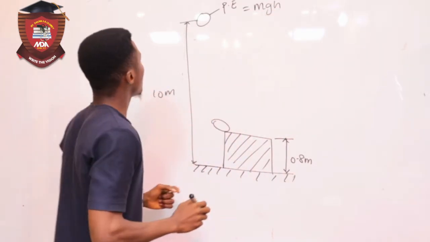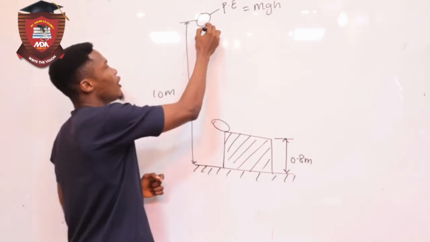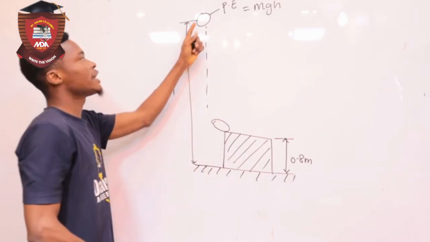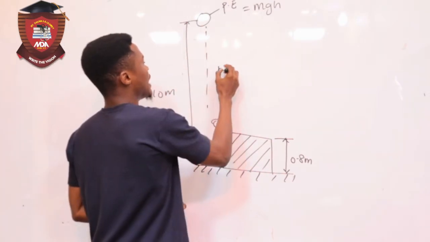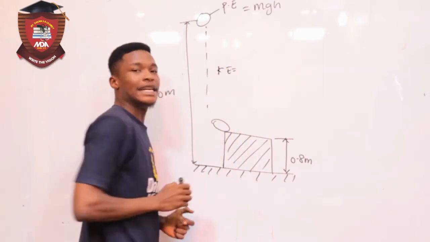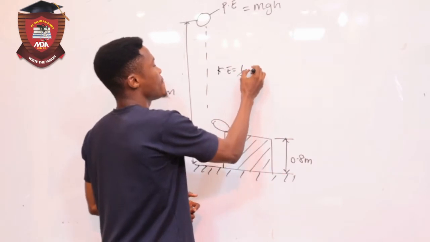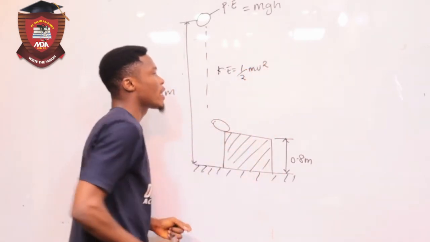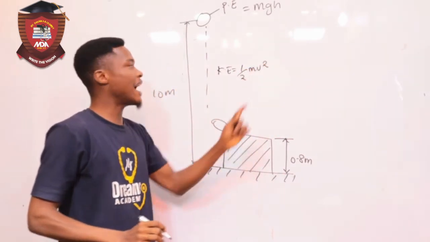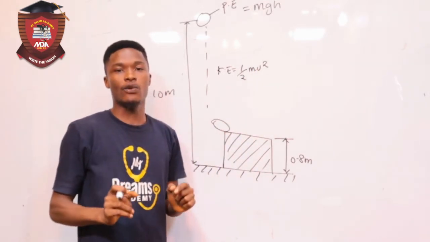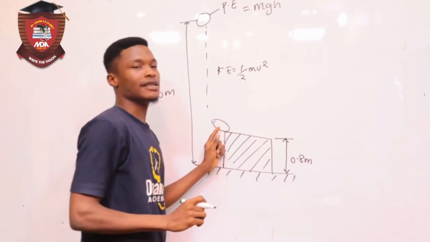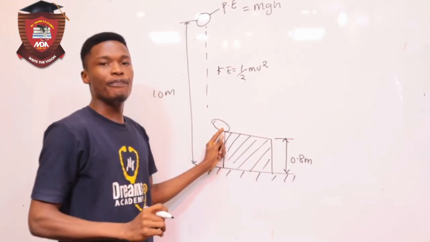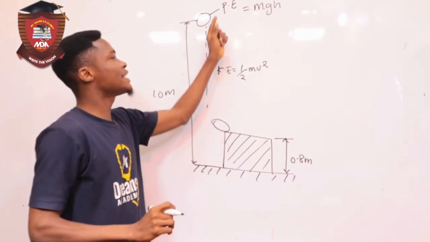Okay, and then secondly, when the object starts falling, that potential energy is converted into kinetic energy, and we know kinetic energy is half mv squared, where m is also the mass and v is the velocity it is falling with. Okay, now to be able to obtain the velocity on reaching the platform, we need to understand that there is an energy conversion.